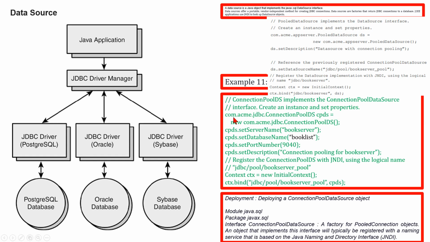Here the ConnectionPoolDS implements the ConnectionPoolDataSource interface; create an instance and set properties. Register the ConnectionPoolDS with JNDI using the logical name jdbc/pool/bookserver_pool.